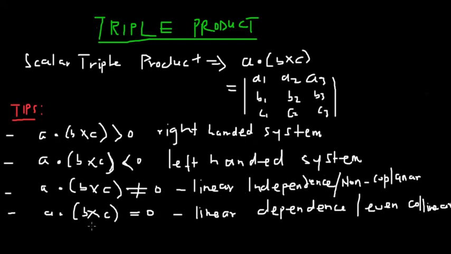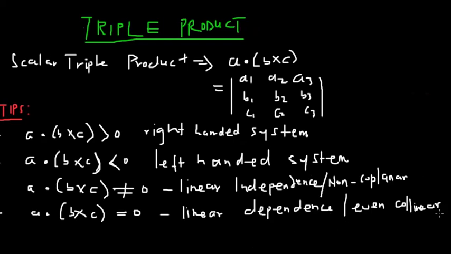And whenever you find the determinant of that scalar triple product and your answer is equal to 0, it means you have linear dependence or even collinear scalar triple product. So these are the 4 main tips you need to know. They are very, very important. You might be given a question and asked to find whether a certain scalar triple product is right-handed, left-handed, linear independent, or linear dependent.